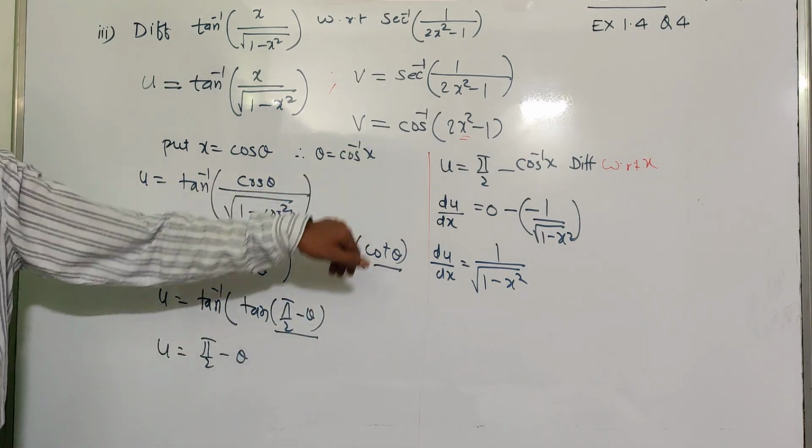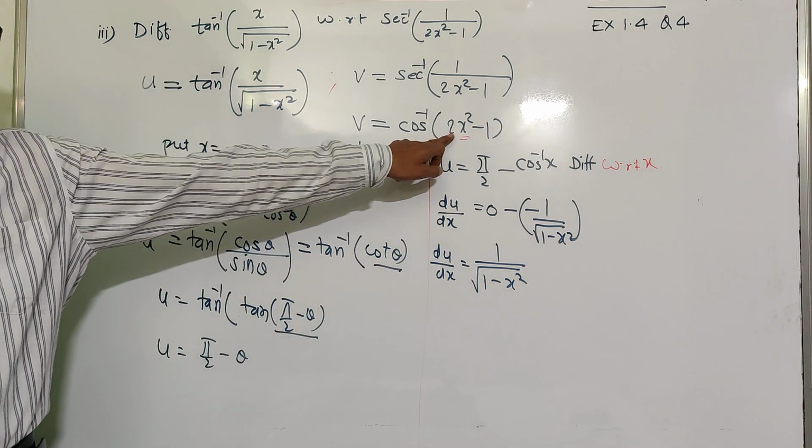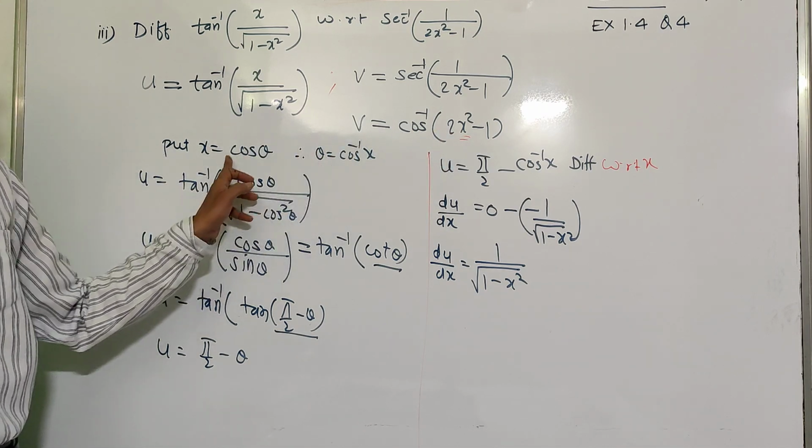Then we find dv by dx. So here we make the substitution x is equal to cos theta.